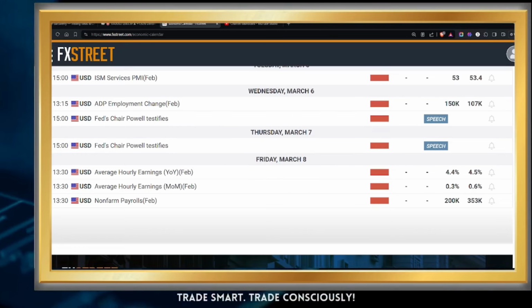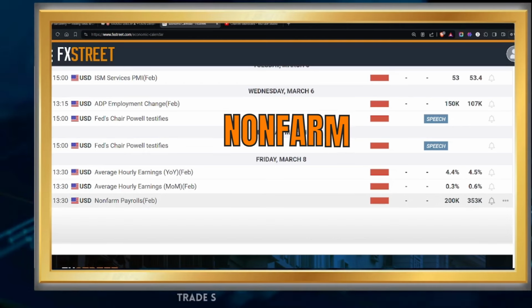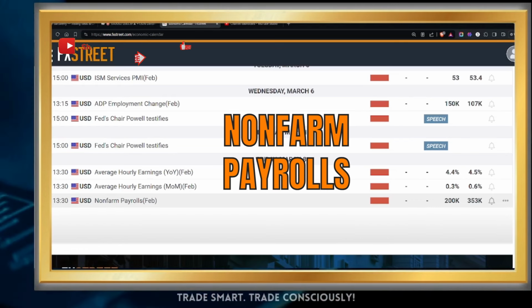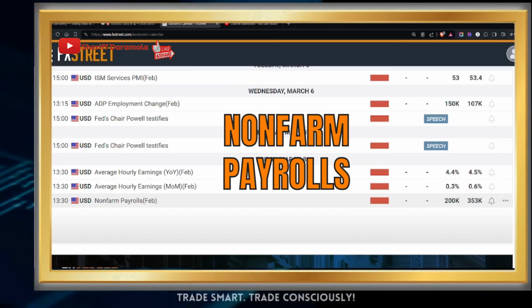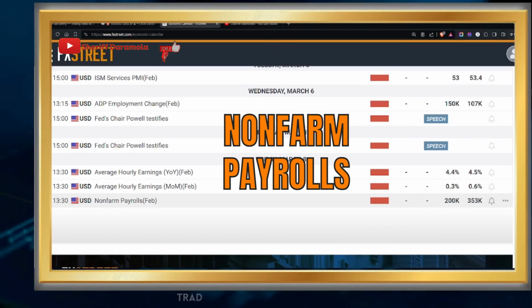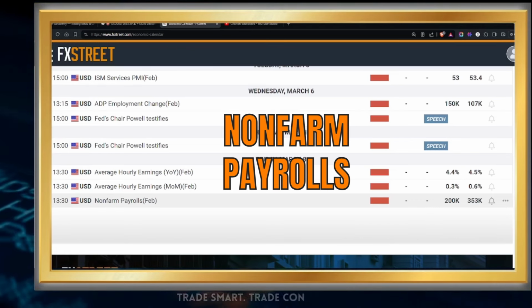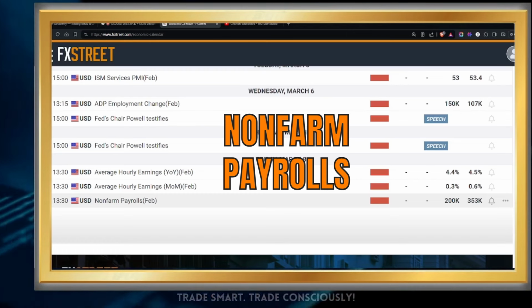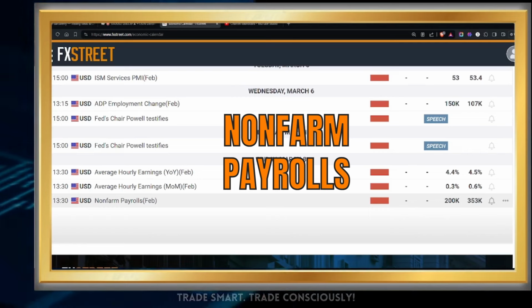Now, on Friday, we will also be looking forward to the almighty non-farm payroll, which is considered a key economic indicator that measures the total number of paid U.S. workers, excluding farm employees, government employees, and non-profit organization employees. So, NFP is considered a high-impact event because it provides insight into the overall health of the labor market and has a substantial impact on market sentiment.